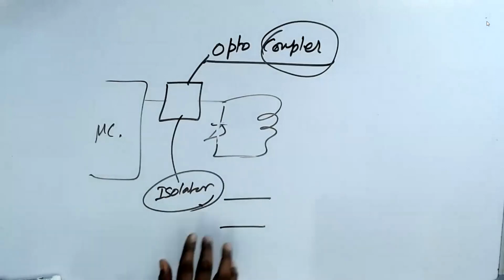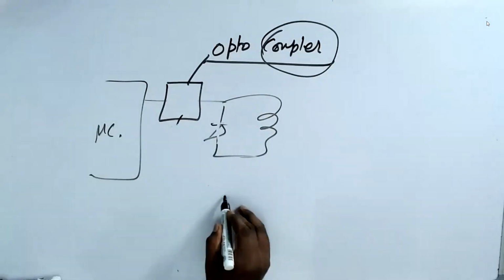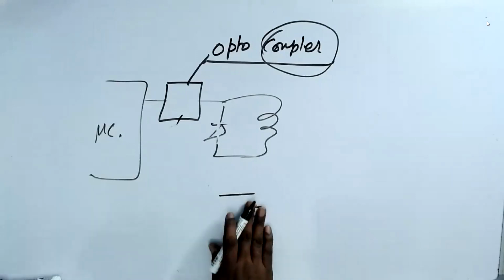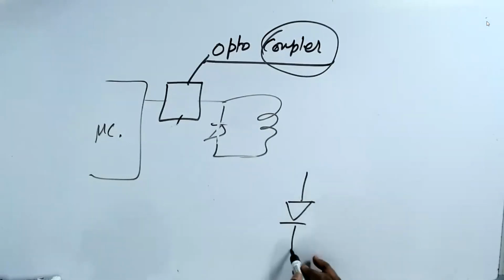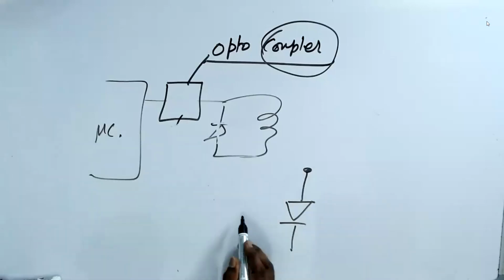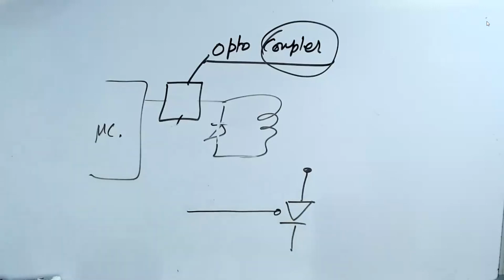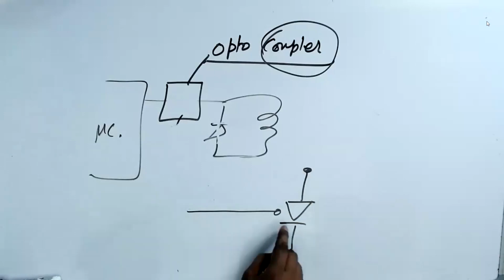If you give a voltage on this side, there will be a photodiode. There will be a separate voltage on the other side. The moment light passes through this, it will conduct. Otherwise, it will not conduct. So this gain is based on the light.